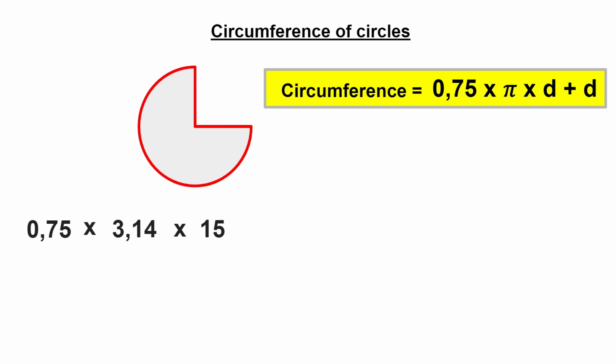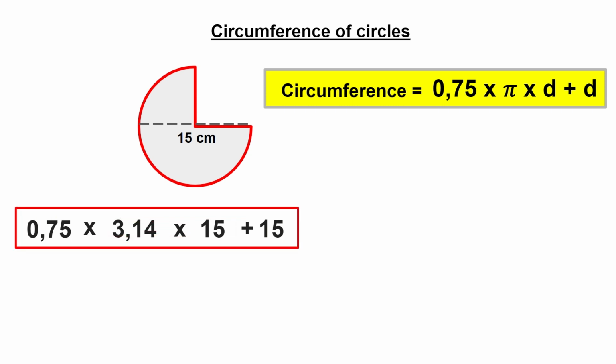So radius plus radius equals diameter, which we already know to be 15 centimeters. So we'll need to include plus 15 in our formula. And 0.75 multiplied by 3.14 multiplied by 15 plus 15 equals 50.325 centimeters, which is the circumference of the 3/4 circle.